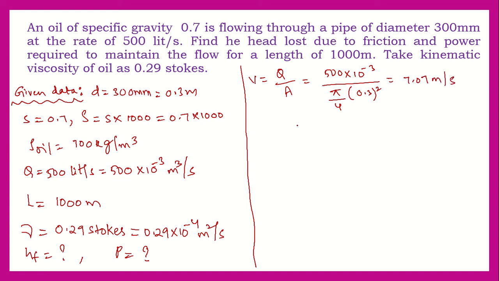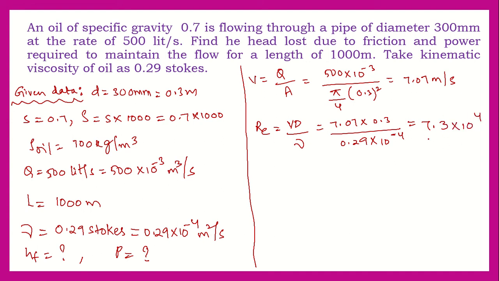Now once you got the velocity, what we have to do? We will calculate the Reynolds number, because kinematic viscosity is there. Again Vd by nu. So 7.07 into dia is 0.3 by what is this value? 0.29 into 10 power minus 4. So the Reynolds number comes out to be around 7.3 into 10 power 4, which is obviously greater than 4000.